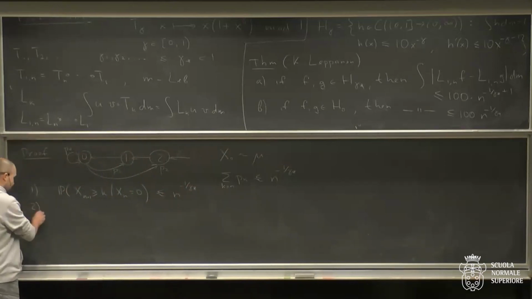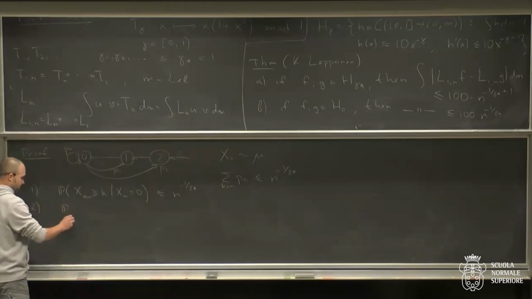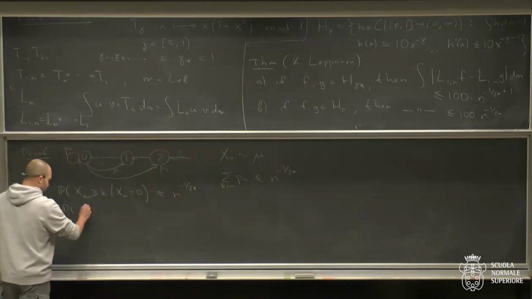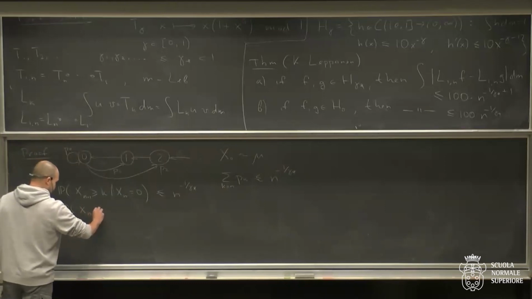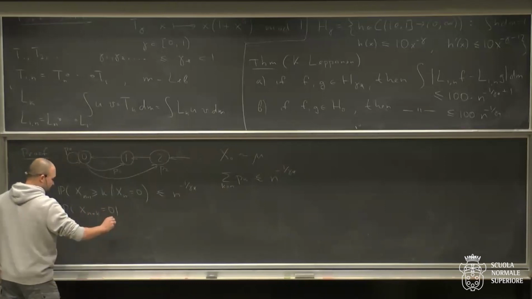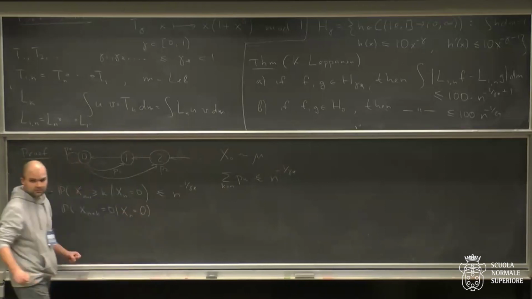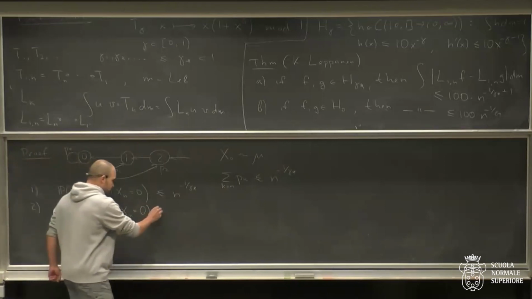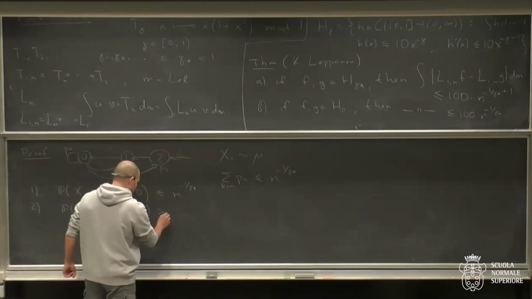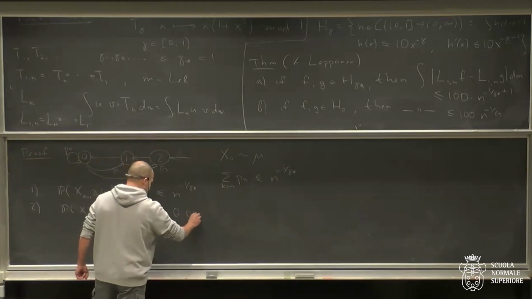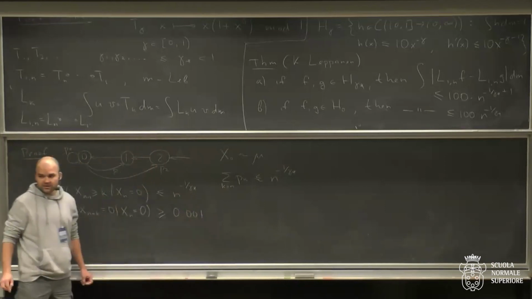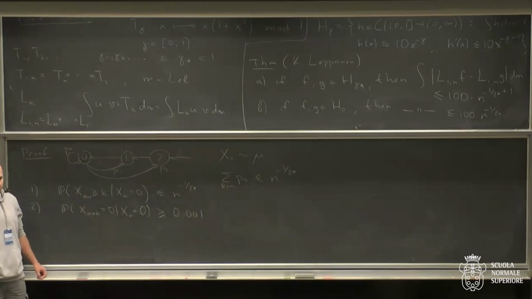Then the probability that xn plus k equals 0, given that xn equals 0, is always positive. It is always at least some small constant, which doesn't depend on n or k. This is the basic recurrence. You need it to be mixing. And when you work in a non-stationary case, you need it to be mixing in some kind of uniform way.